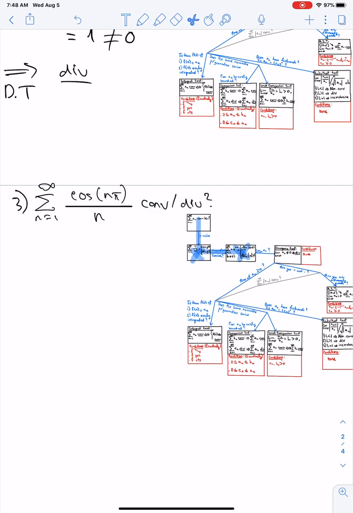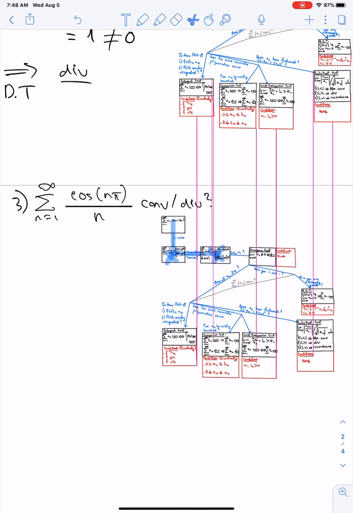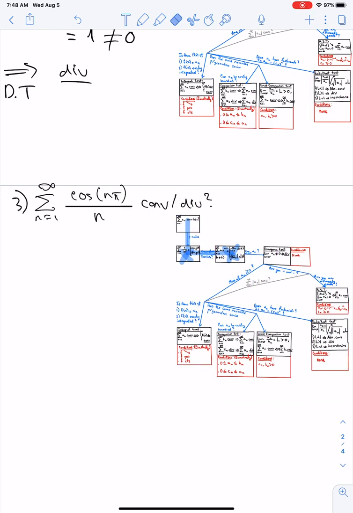So what do we do? Again, as usual, the first question is, is it a P series? Kind of, right? We have that 1 over n there, but the cosine of n pi forces it not to be a P series.